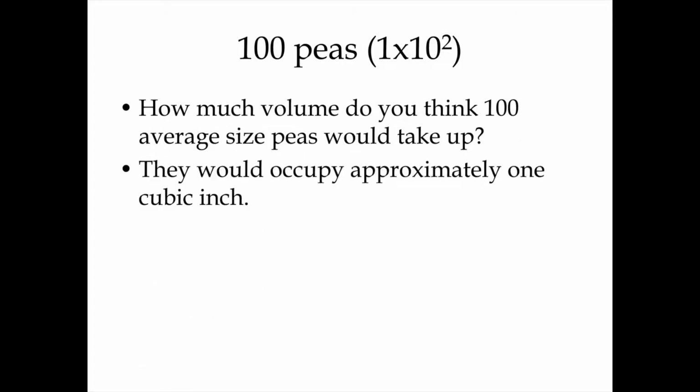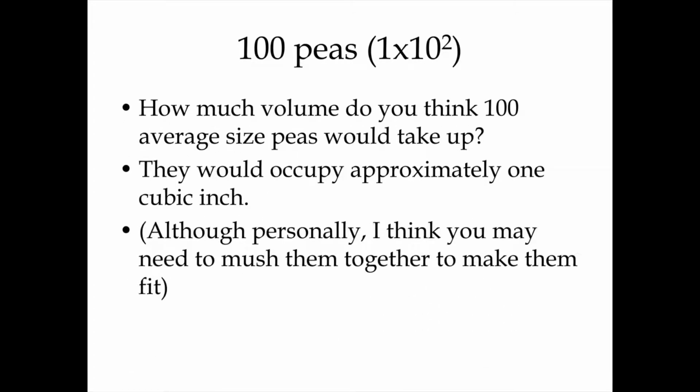If I had 1 times 10 to the 2nd power, or 100 peas, that would take up 1 cubic inch. That's a cube that's an inch on each side. And you probably would have to smash the peas together to fit 100 peas in there. Well, if I had 1 million peas, that's 1 with 6 zeros.